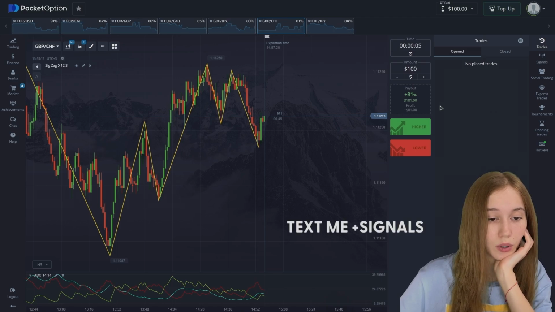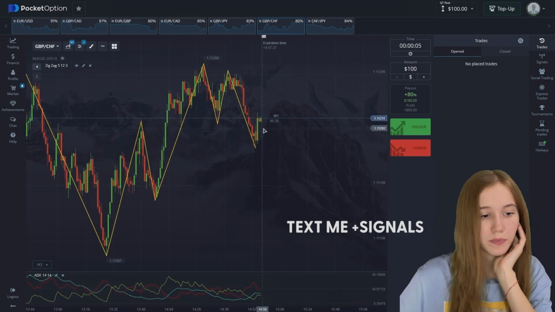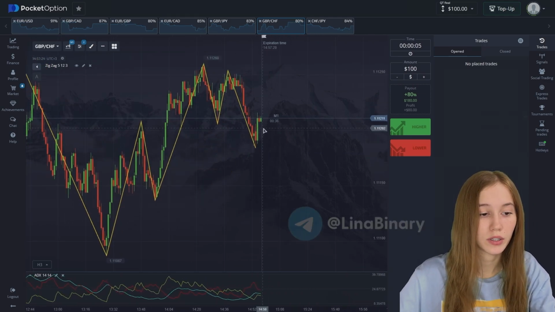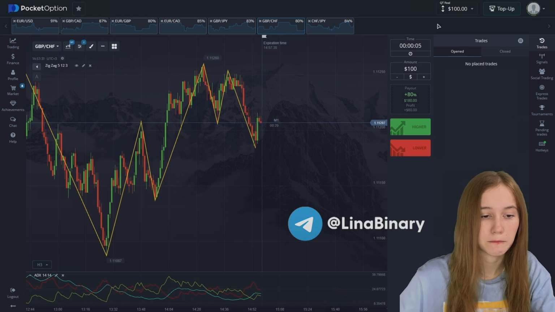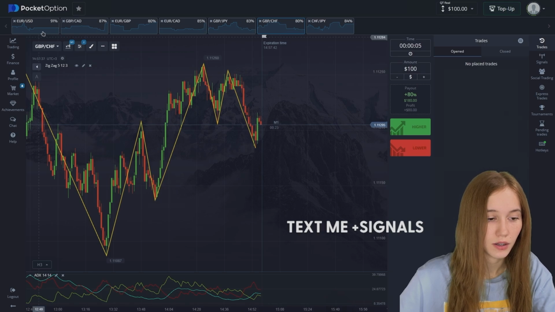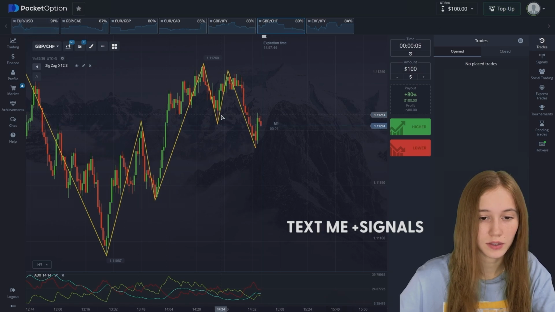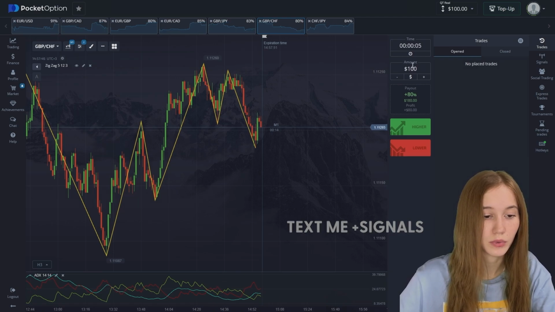I hope this will be good. And today we have Pocket Option, this platform on which we will trade, and our balance will be increasing. You can see it in this corner, our broker.